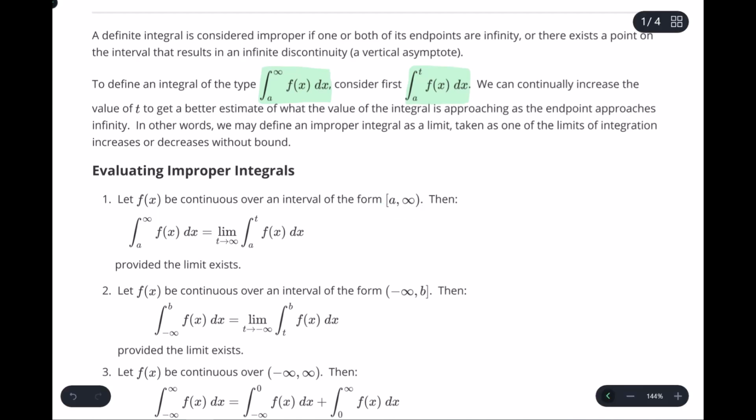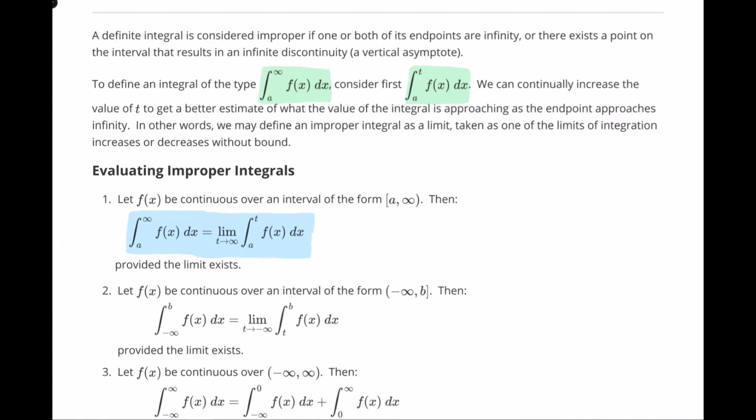All right, then the integral from a to infinity of f of x dx is defined as, so we calculate the value of this integral, I should say, as the limit as the upper endpoint t goes to infinity of the integral from a to t of f of x dx.